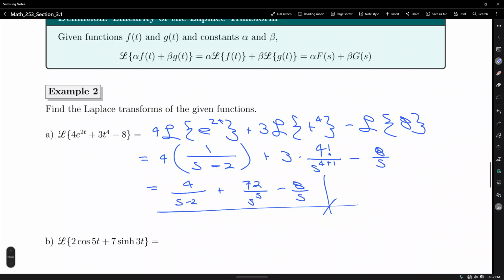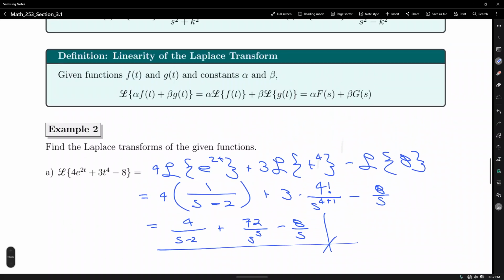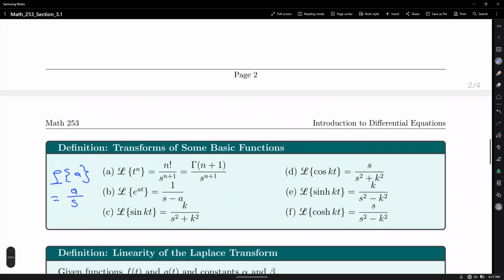Now let's find the Laplace transform of 2 cosine 5t plus 7 sinh 3t. For hyperbolic functions, I didn't do the derivation, but the sinh and the sine look very similar, except for the sign in the denominator. Same for the cosh.